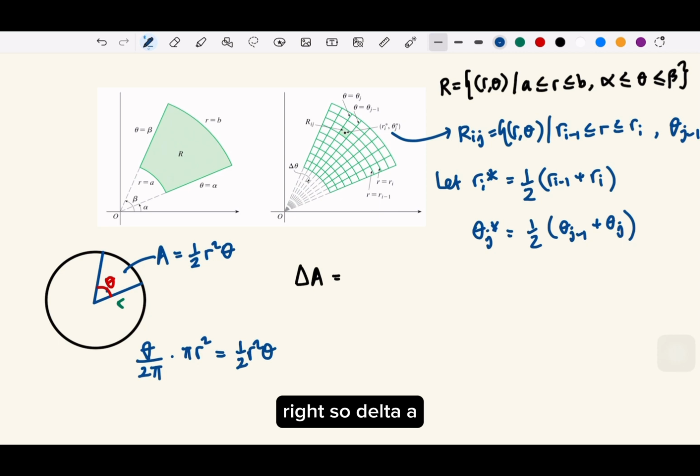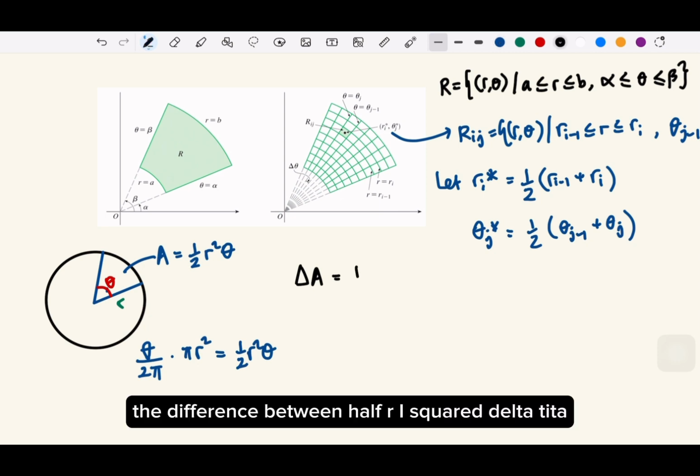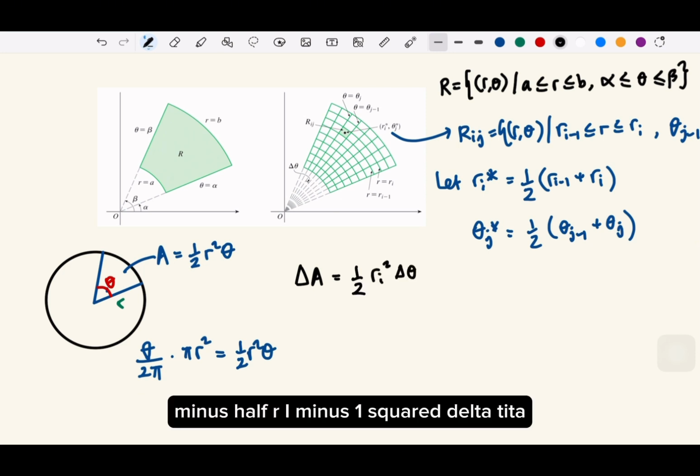So delta A, we could write as the difference between half ri squared delta theta and half ri minus 1 squared delta theta.